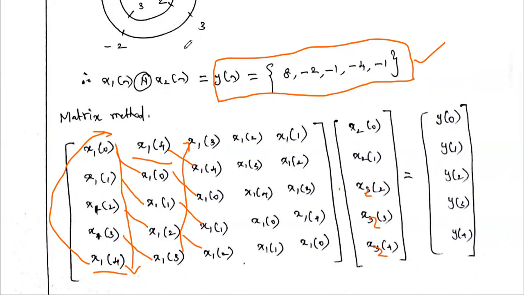That is, x1 convolved with x2 is equivalent to x2 convolved with x1. So you may write x1 as a 5 cross 5 and x2 as a 5 cross 1, and we get the same answer. Similarly, we can write x2 first and x1 second, and we will get the same answer.